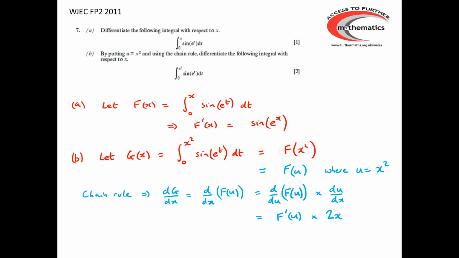We know that the derivative of x squared is 2x. We know that F dash x is sine e to the x, so F dash u is going to be sine of e to the u times 2x, but u of course is just x squared, so the derivative of G is 2x sine of e to the x squared.